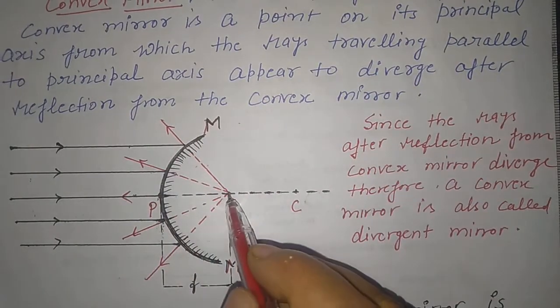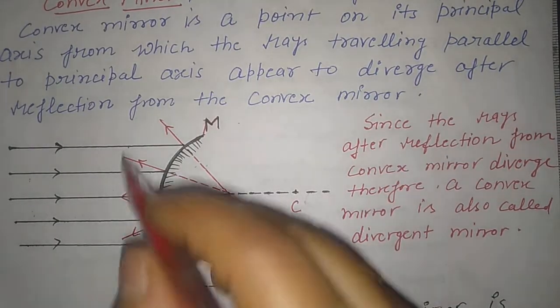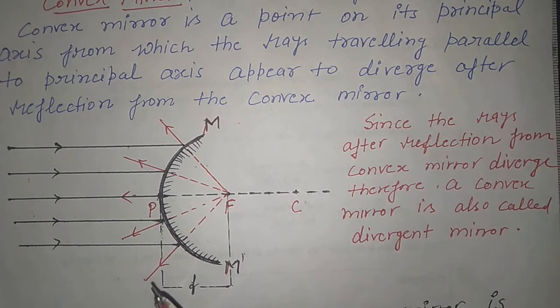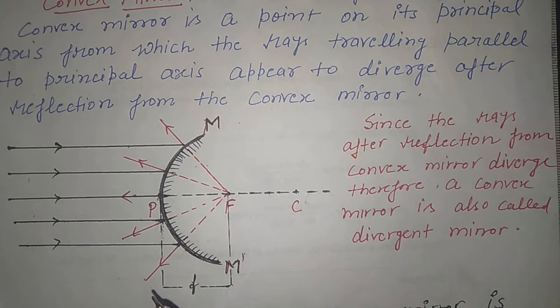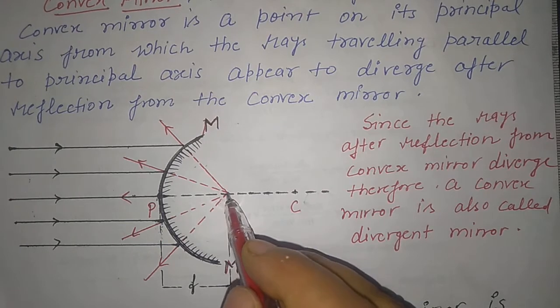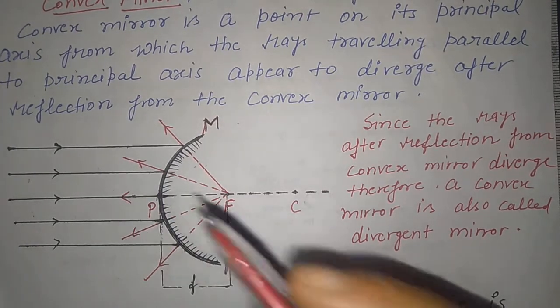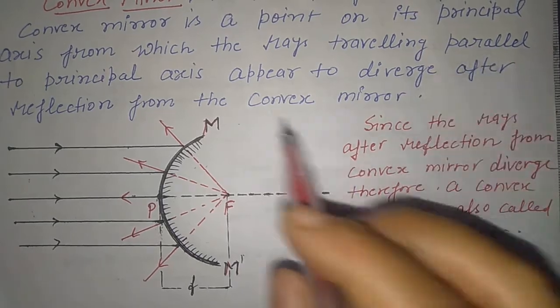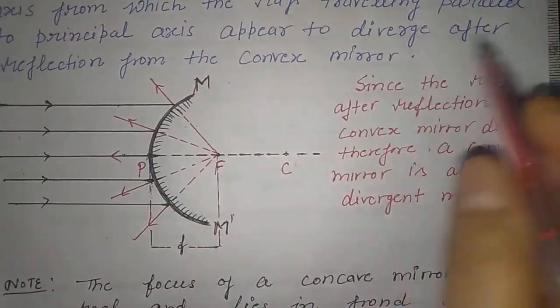And we can write one more definition. In the convex mirror, the reflected rays appear to come from the focus. So this is divergence.